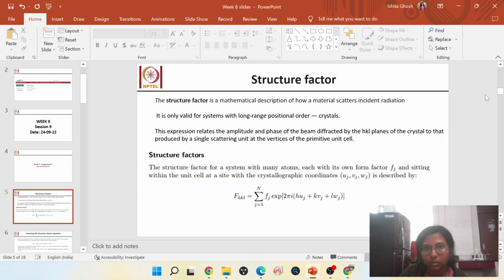This is all one scattering of the X-ray. These are all elastic scattering, okay. But sometimes there can be inelastic scattering also, which is called anomalous scattering or anomalous dispersion. Mostly it depends on the crystal system.